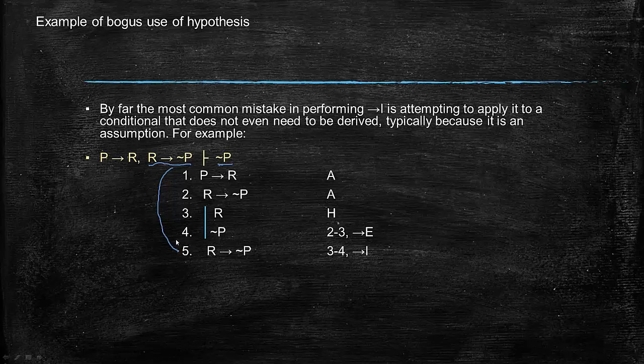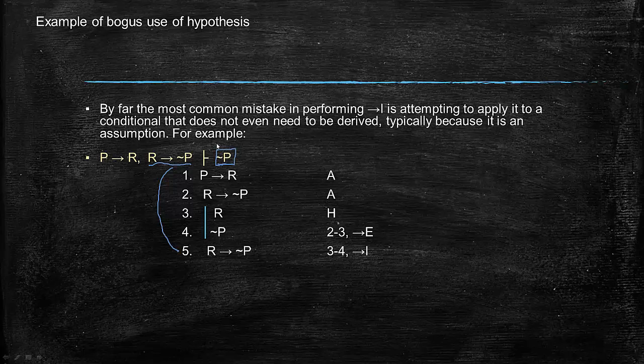And the way you avoid that is just to realize that the only time you use conditional introduction is if what you're trying to derive is itself a conditional. So here you were instructed, your task was to derive not P. Well, that's not a conditional.